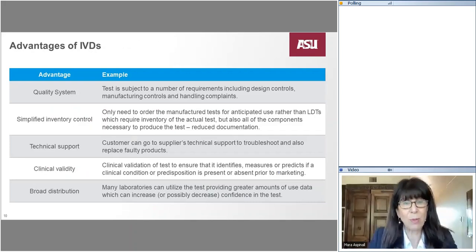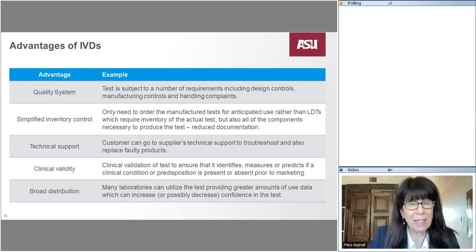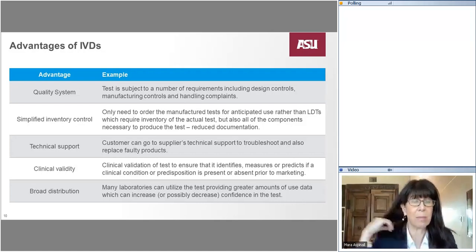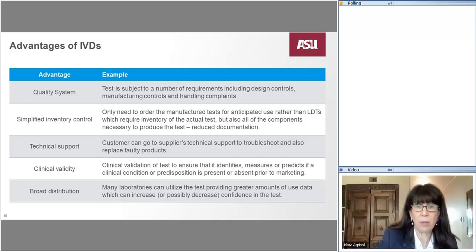But now let's move back to IVDs. What are the advantages of them? We talked about a few of these, but I'm going to highlight them so you see them in a little bit more detail. I believe there are 5 of them. Number 1, a quality system. The manufacturer has put together a rigorous quality system approved by the FDA, everything from design controls to manufacturing to handling complaints.